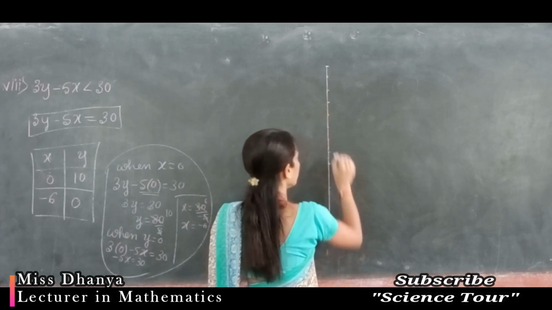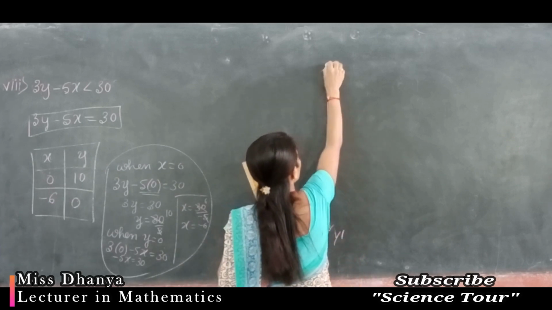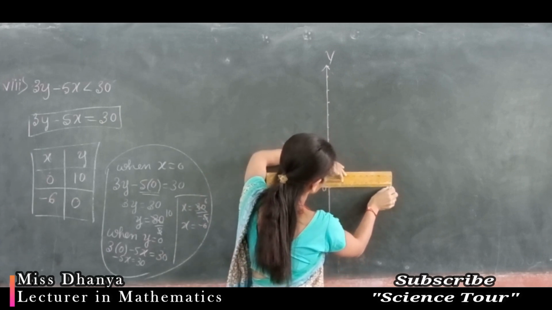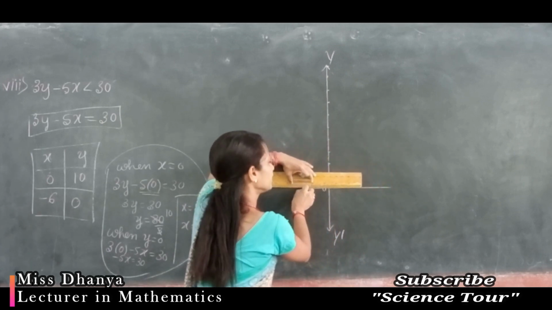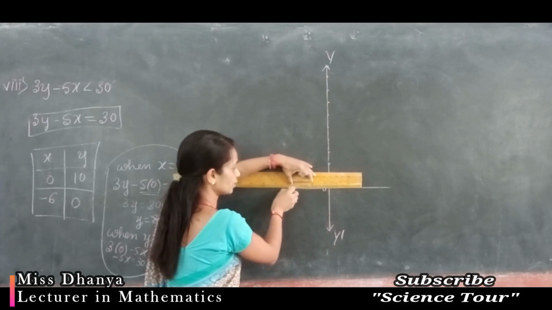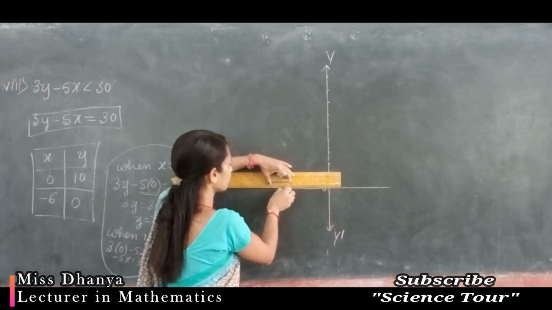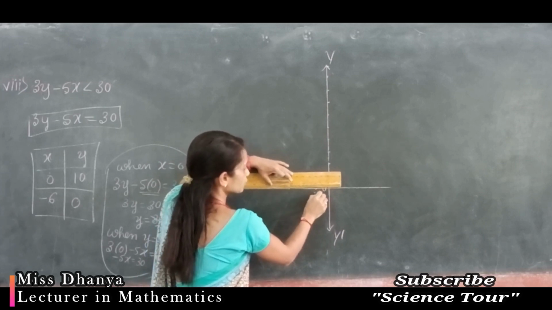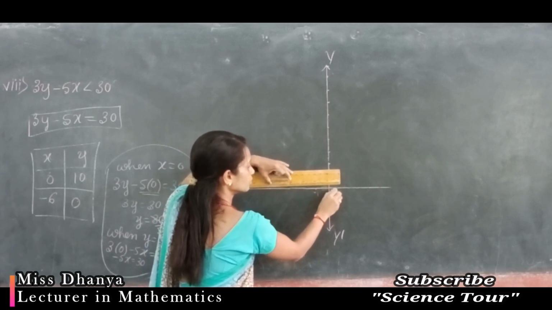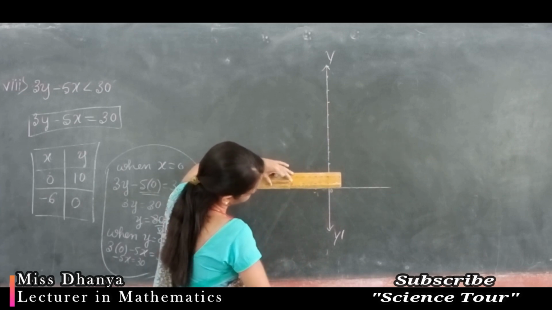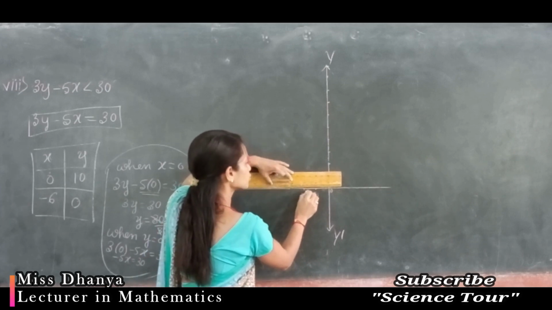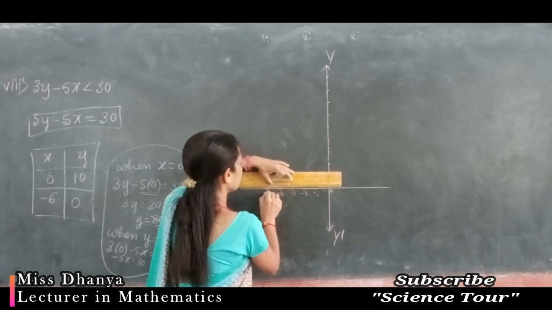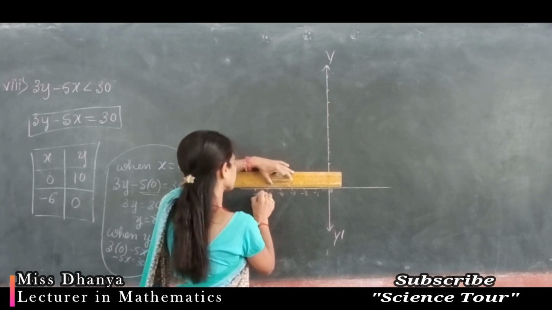Y dash O, Y. Negative side of x axis you need up to minus 6, okay. So now minus 1, minus 2, minus 3, minus 4, minus 5, minus 6, okay.